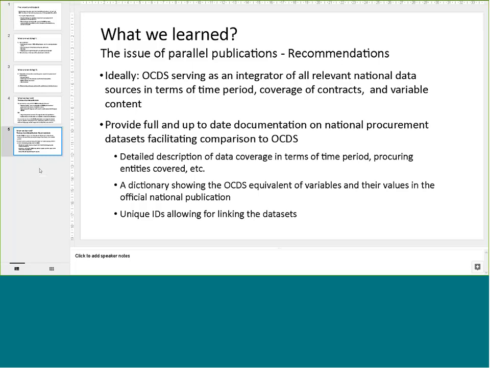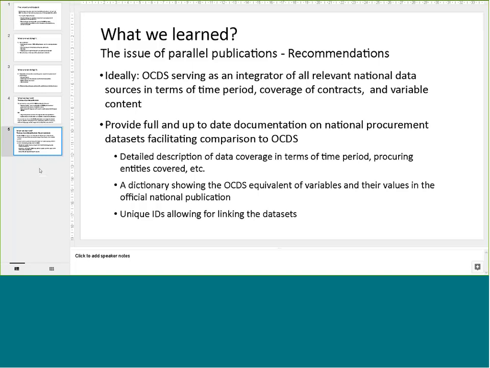So in an ideal case, it would be really great if OCDS could serve as an integrator of all relevant national sources in terms of time period, coverage of contracts, and information content. And the data is already collected in official publications, so at least time period coverage increase could be done relatively easily, I think.